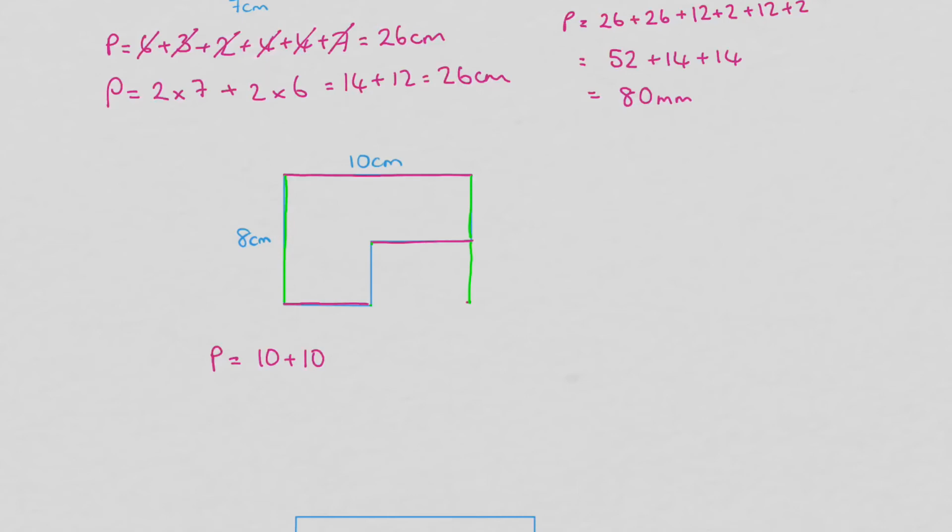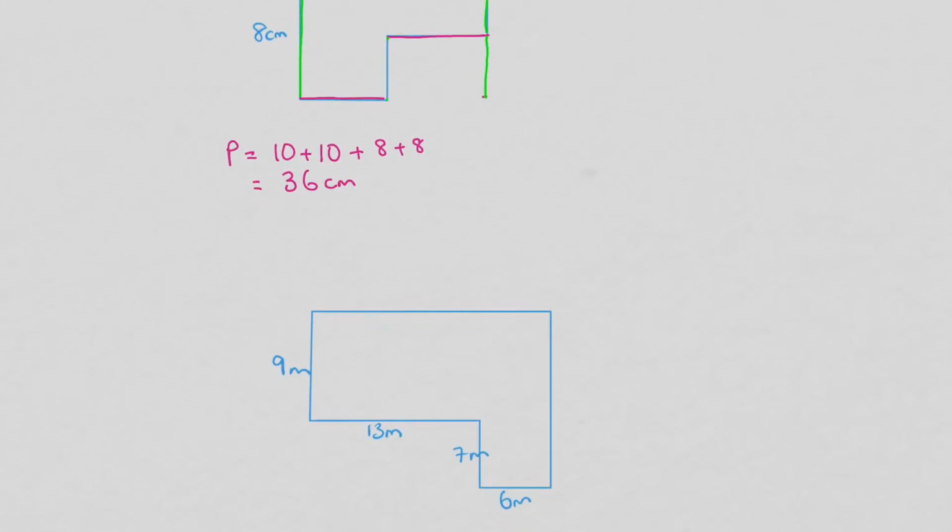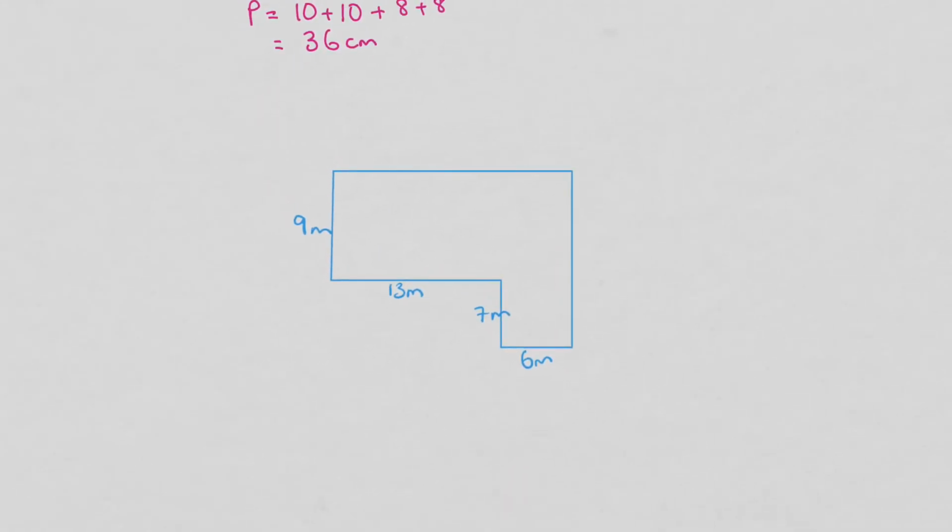So what we've got basically is 2 10s for the pink lines and 2 8s for the green lines. So we've got 20 and 16 makes 36, and that would be centimetres. Okay, so that's what I want you to be in the habit of doing, is trying to work out perimeters without necessarily finding missing lengths.